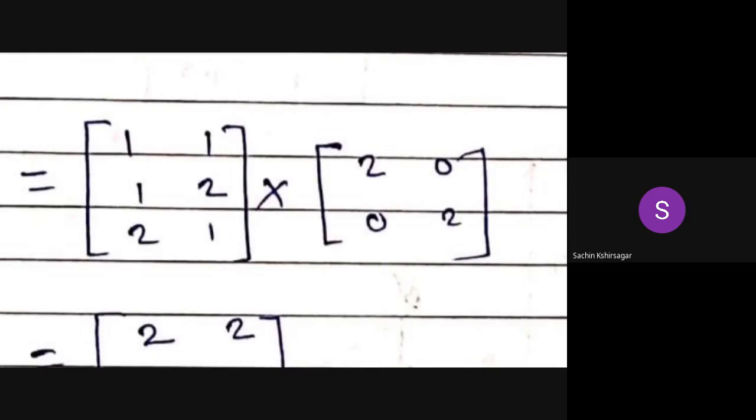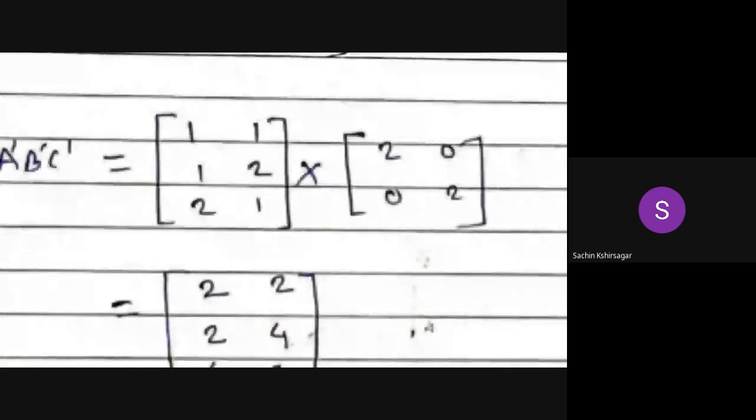Now how can we do the multiplication? In the last lecture we discussed very deeply the multiplication and addition of matrices. Multiply the first column into the first row.